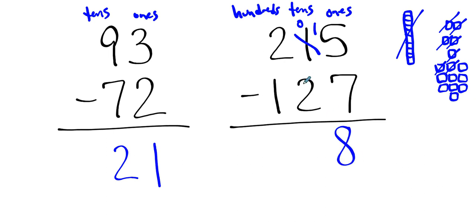So then we go to the tens place. In the tens place, there are no tens, so we cannot take away 2 tens. That doesn't work. So we go into the hundreds place and we borrow 100.